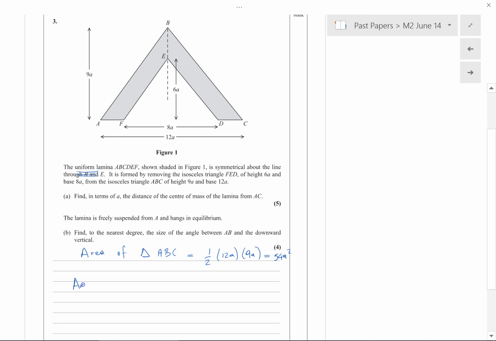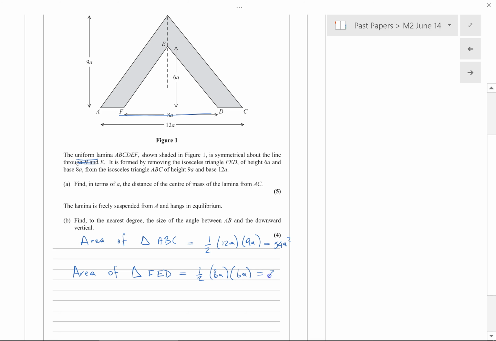The area of the triangle bit that's cut out, FED, equals half times the base, which is 8a, times the height, which is 6a. So that's 24a squared. So obviously the actual lamina we've got is the difference of those two.